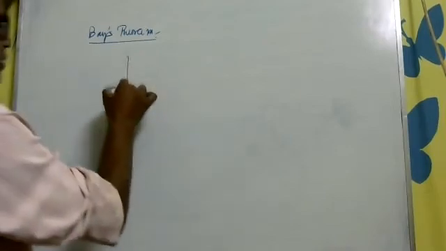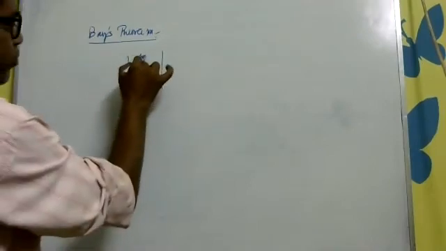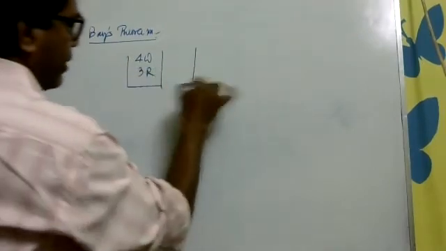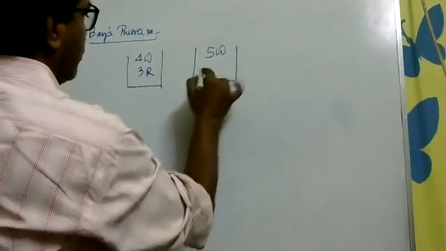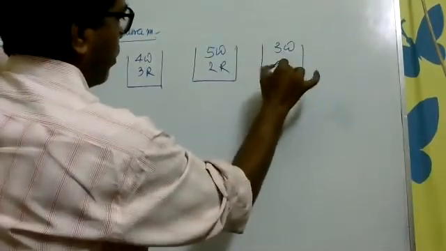A bag contains 4 white 3 red balls, another bag contains 5 white 2 red balls, another bag contains 3 white 4 red balls.